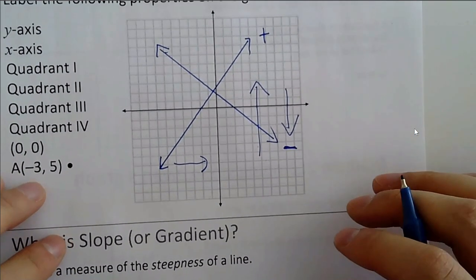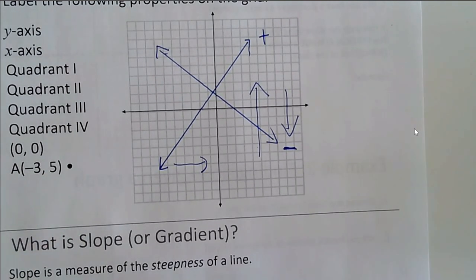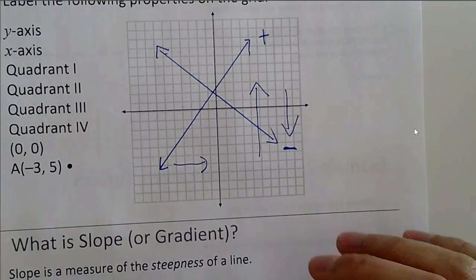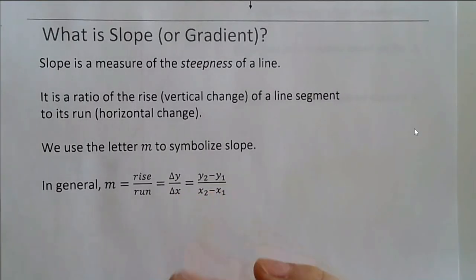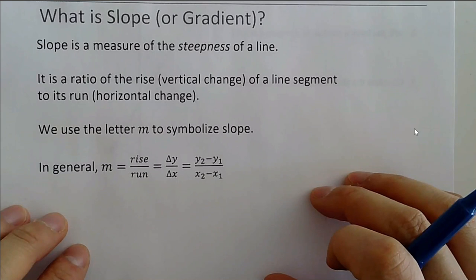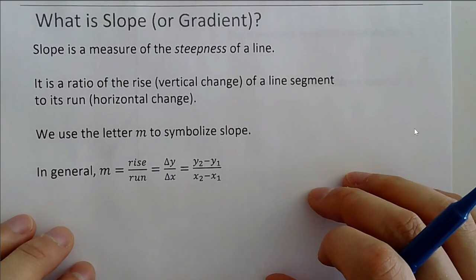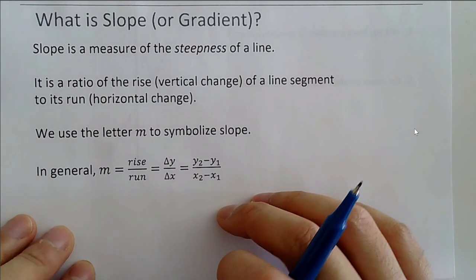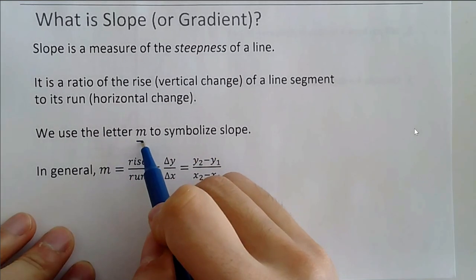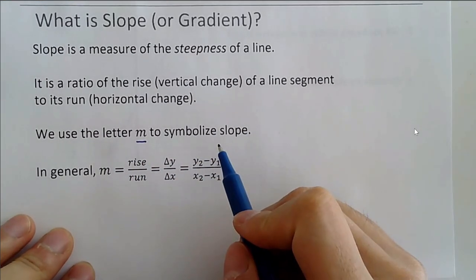A line can also have zero slope or a slope that doesn't exist, but I will cover more about that in a different lesson. That is graphically what it means, and I will show you a little more numerically. We often use the letter m to symbolize slope.